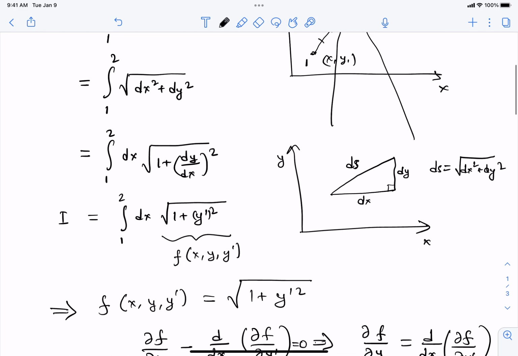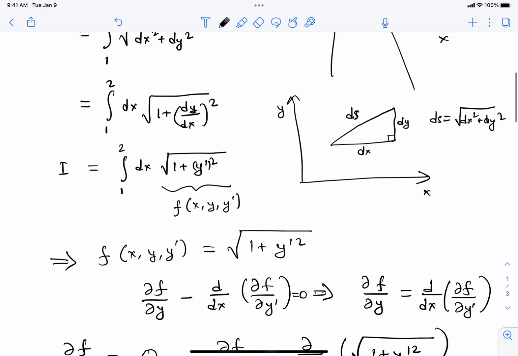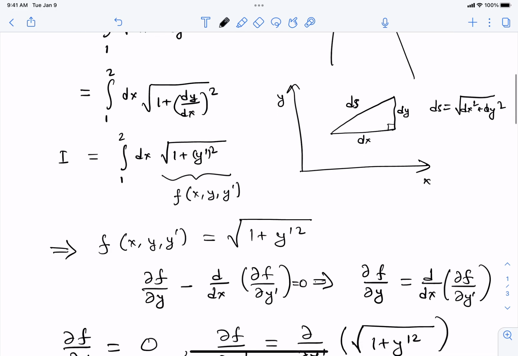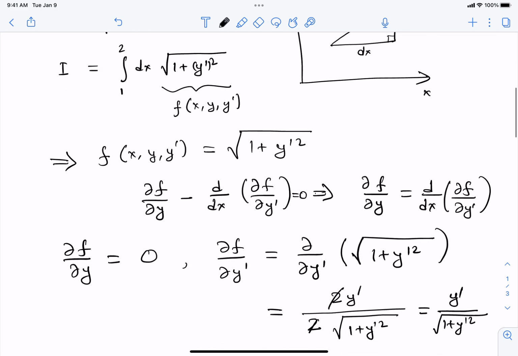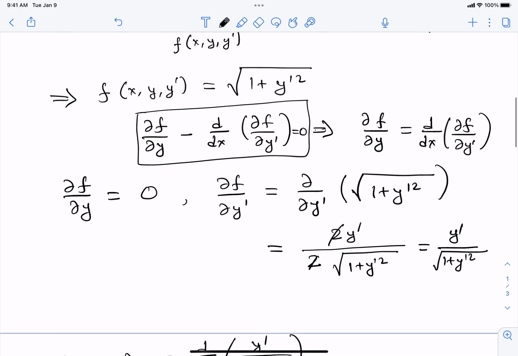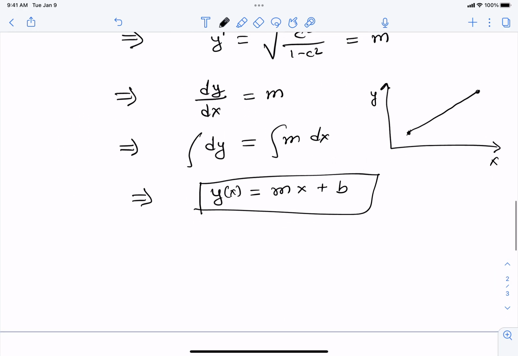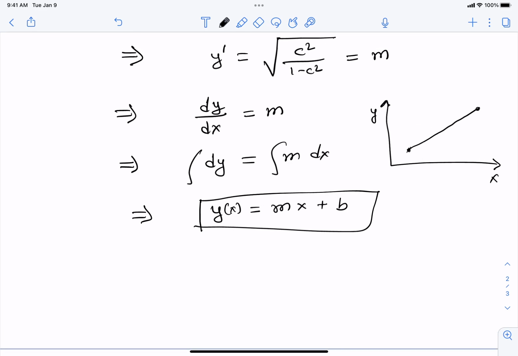Now once we got the functional form of this integral, which was the length of the curve, we identified what was the function f of our Euler Lagrange method. And once we got that function f, then we simply plugged in the values in the Euler Lagrange equation. This is the Euler Lagrange equation. And then we did simple algebra and some simple differential equations to find out our solution y as a function of x.